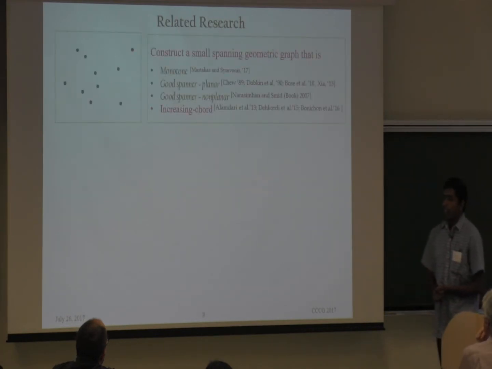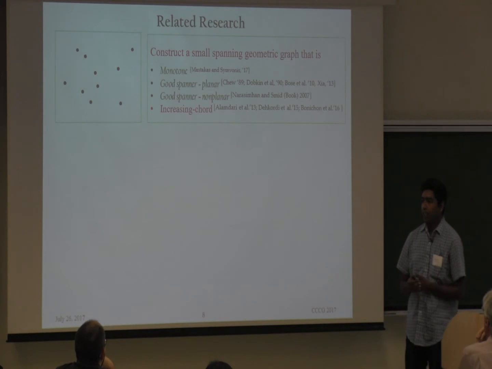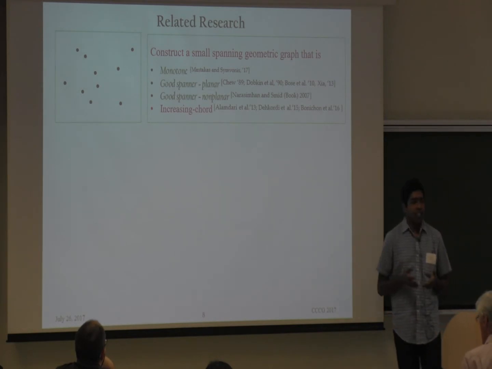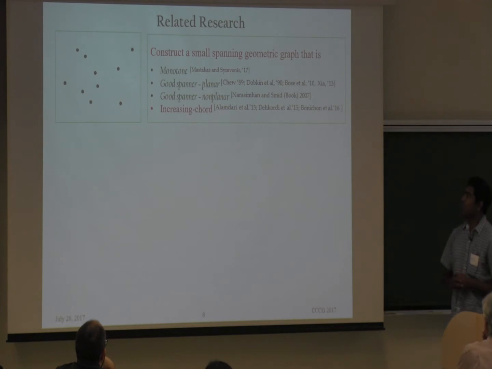For example, if you are given a set of points, can you find a spanning geometric graph with a small number of edges which is increasing-chord? We ask those for monotone properties, spanning properties, and similarly the increasing-chord properties, and there is lots of work.